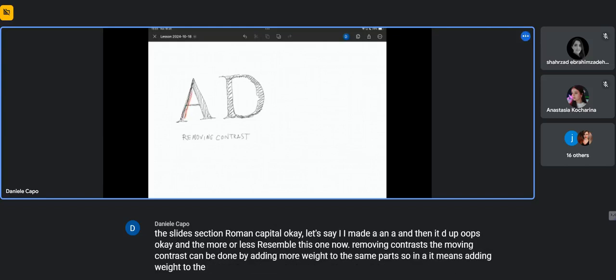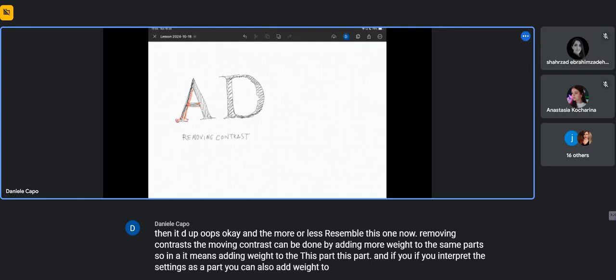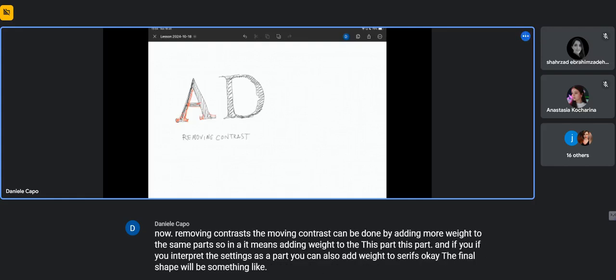to this part, and if you interpret the serifs as a part, you can also add weight to the serifs. The final shape will be something like this. Okay.